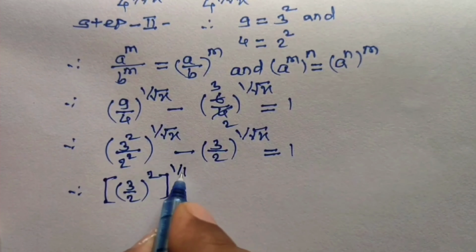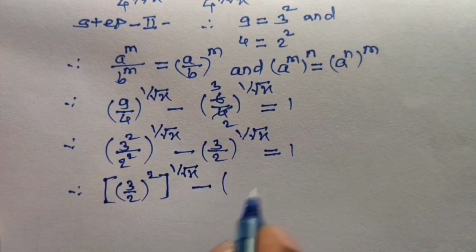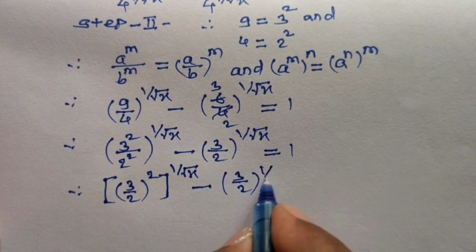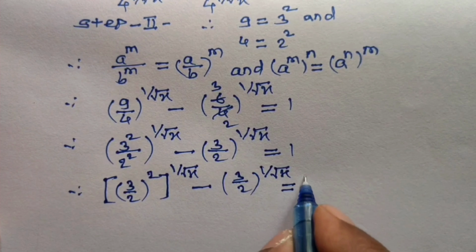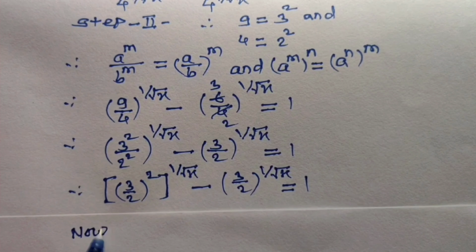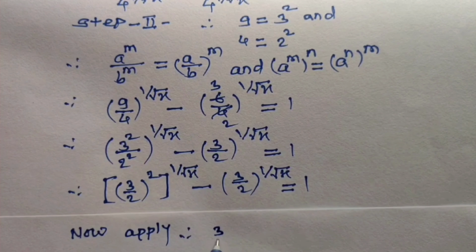Now interchange the powers by applying the laws of indices given above. Before that, we can write 3 divided by 2 to the power 2 and again its power 1 over root x minus 3 divided by 2 to the power 1 over root x is equal to 1.